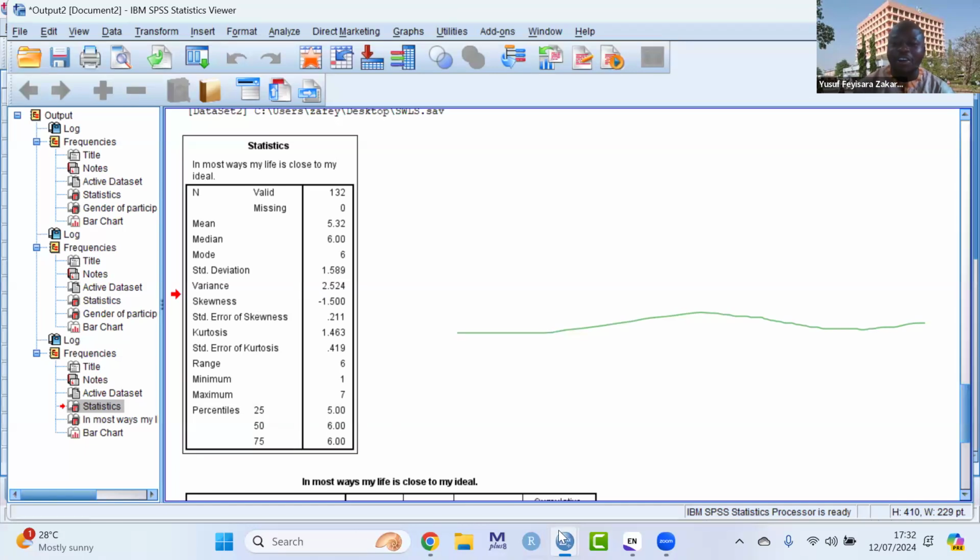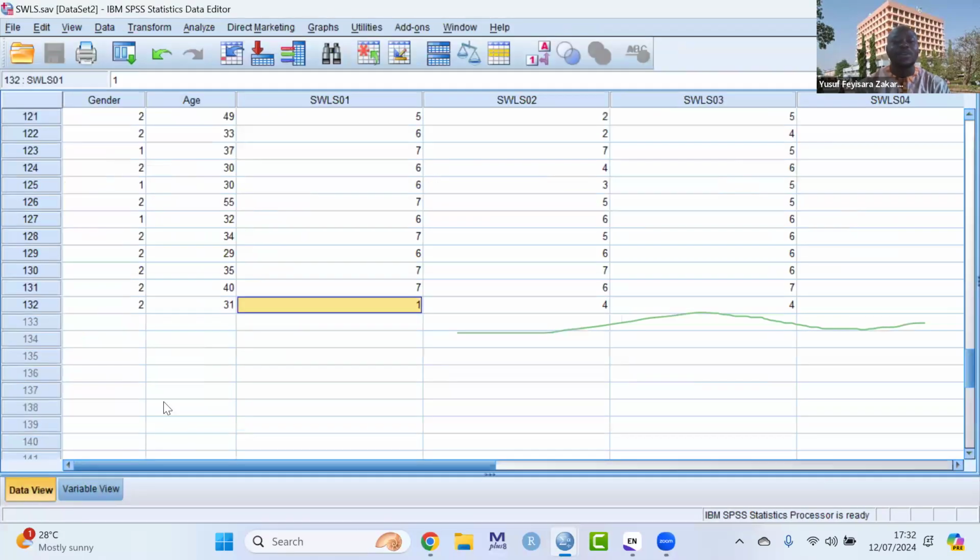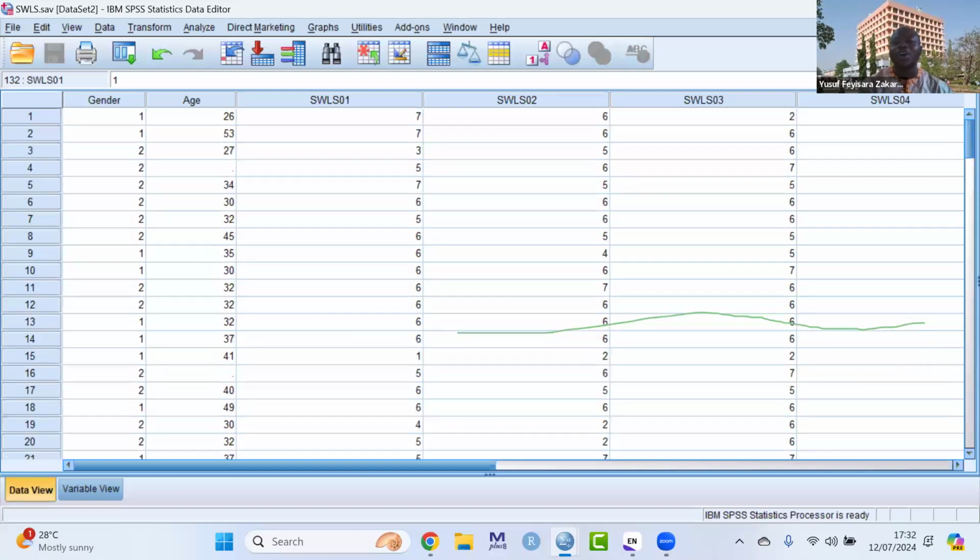In this case, if you go back to your data set, these are our data sets. We have 132 cases. The median is at the middle, but that middle must be found when you order it. This particular data set we cannot easily do that with because it is not ordered.